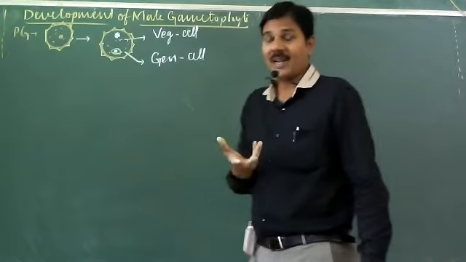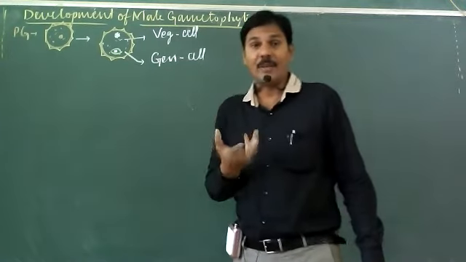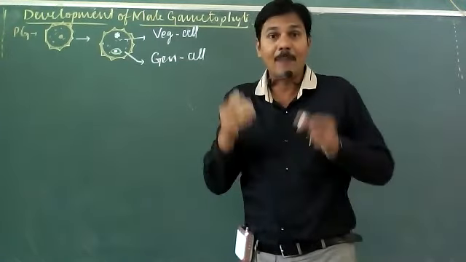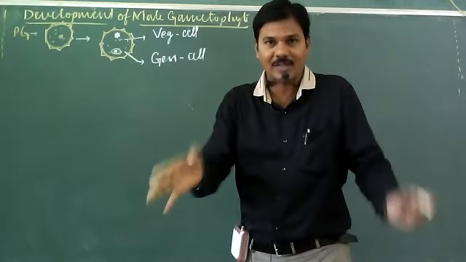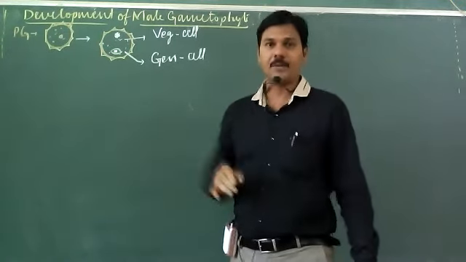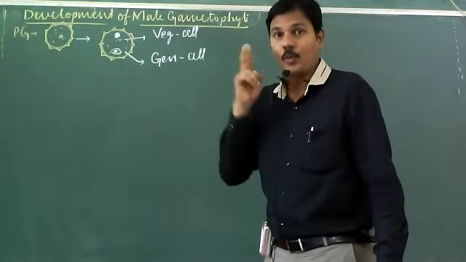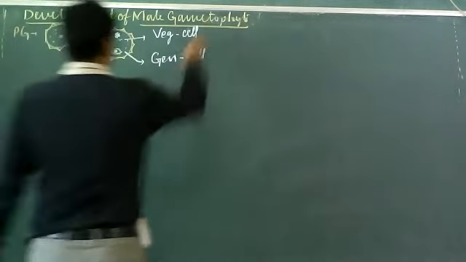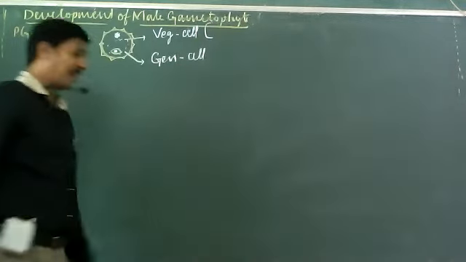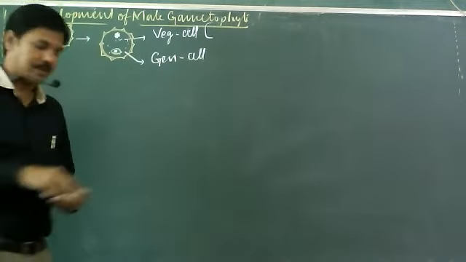You can understand easily. The vegetative cell does not participate in sexual reproduction or fertilization, whereas the generative cell generates two male gametes. Now see the vegetative cell, which is larger.